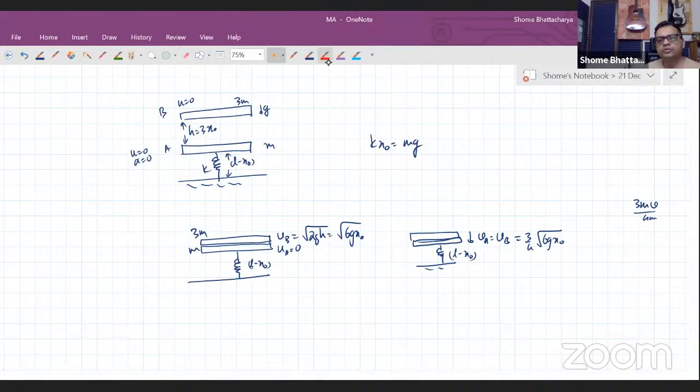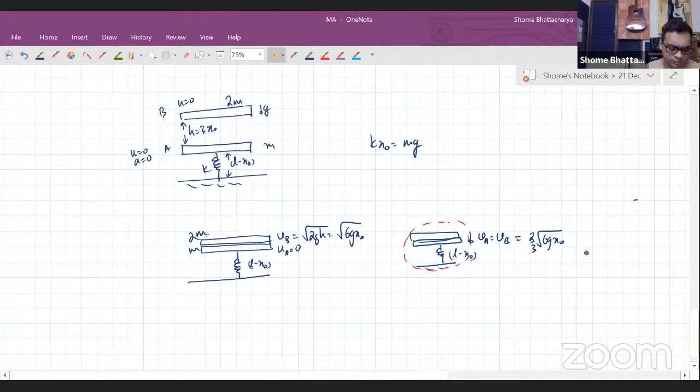From this point onwards, till they lose contact and even after they lose contact actually, or 2m, sorry. So this one is having mass 2m. So this will become 2/3.